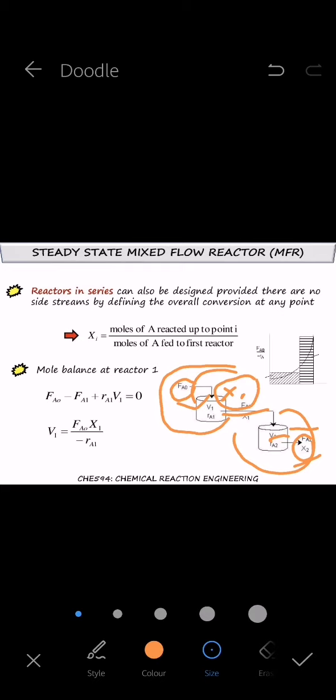So, jawapannya, conversion dekat reactor 2 adalah X2 minus X1. Sebab tadi saya cakap X1 adalah conversion yang berlaku pada first reactor, but X2 is actually conversion that happens in both reactors, maksudnya total conversion. So kalau kita nak kira conversion yang berlaku pada reactor 2 adalah X2 minus X1.